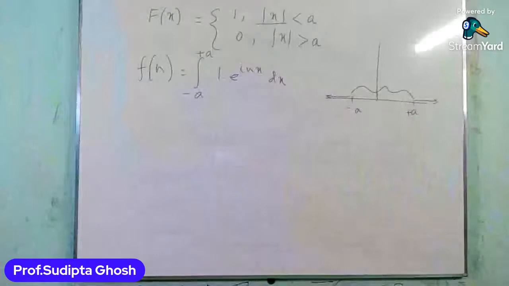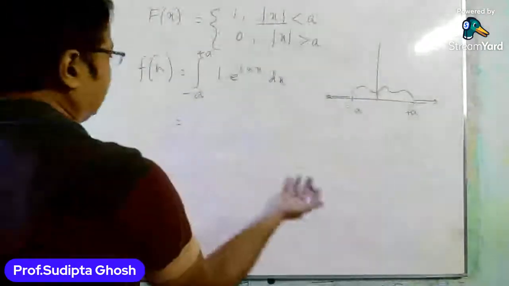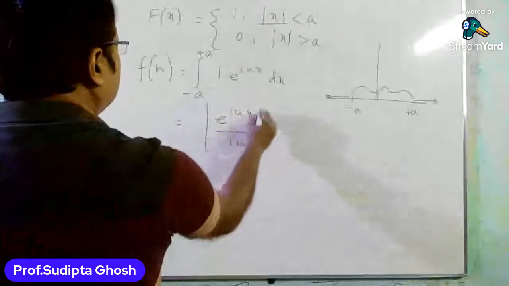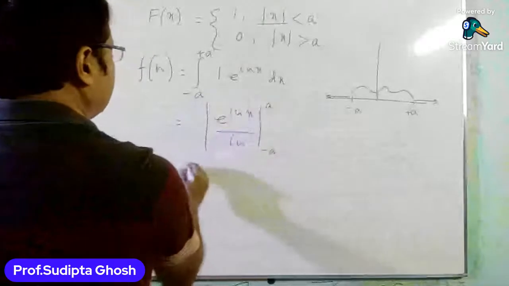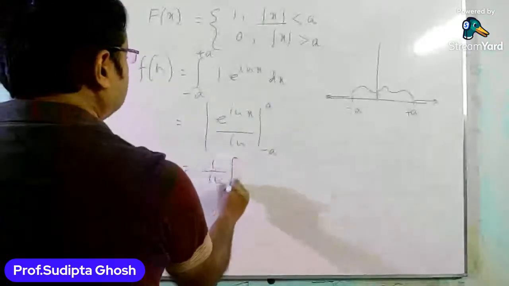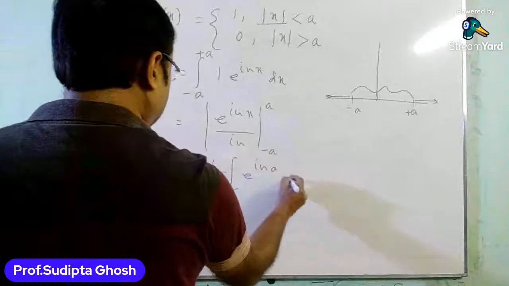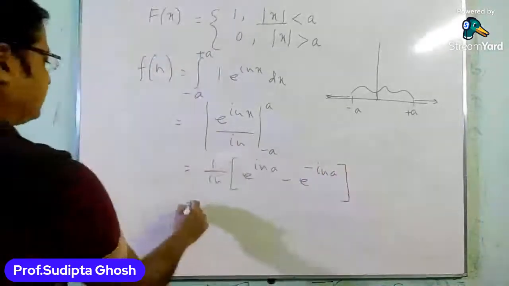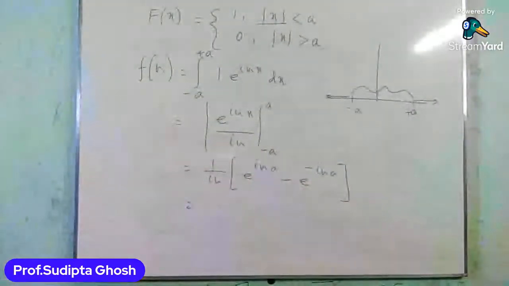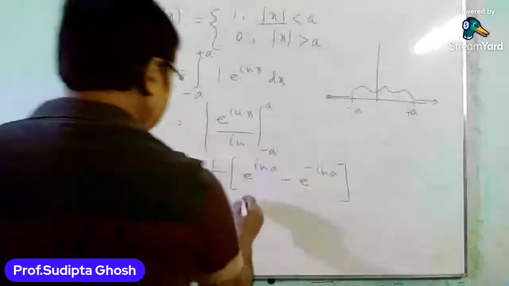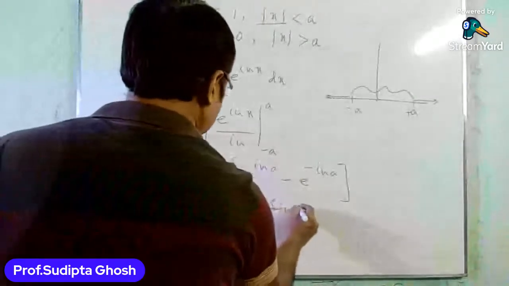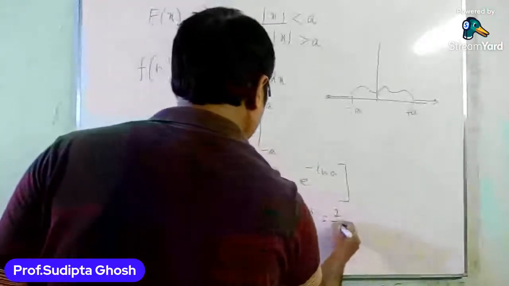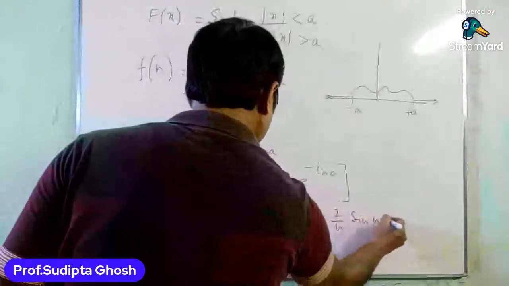The value of the integration is e to the power i n x by i n, with the limit minus a to plus a, so 1 by i n, and then e to the power i n a minus e to the power minus i n a, and this will give us twice i sin n a divided by i n, so it will be 2 by n into sin n a.